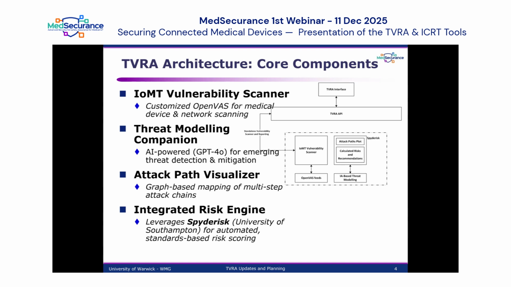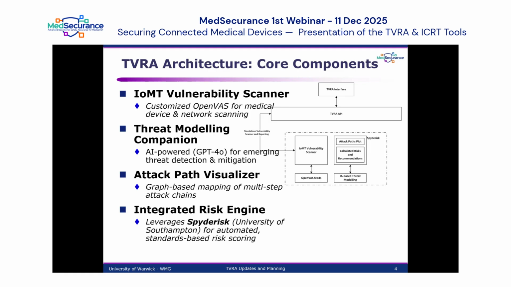It is a kind of graph-based system, so that a user, or you can say a developer, I mean a use case partner within our MedSecurance project, can have an idea of what the attack patterns within the IoMT network they are using are, and they can have some valuable information for this by using the attack path.